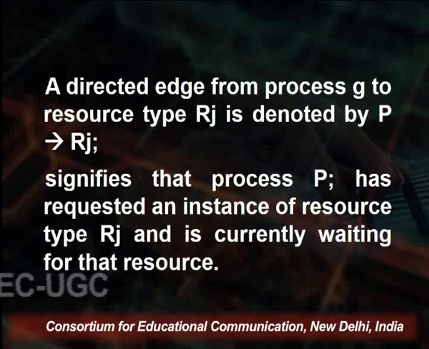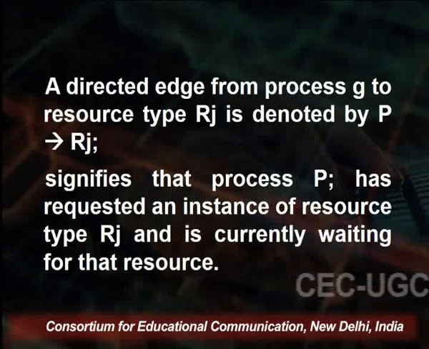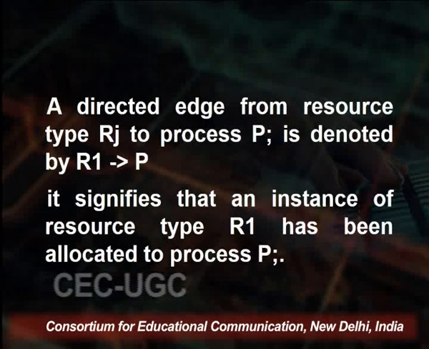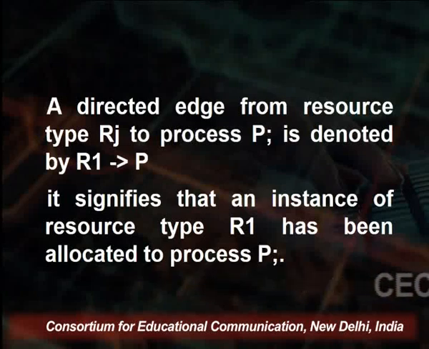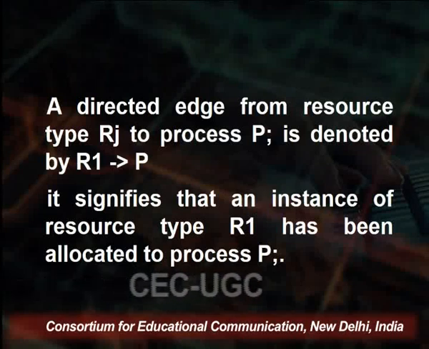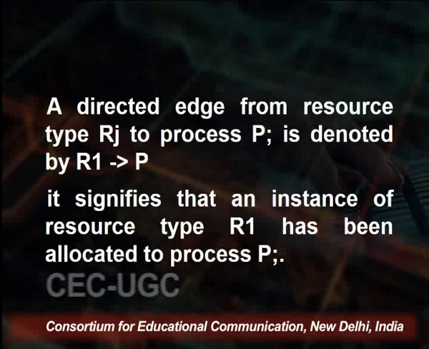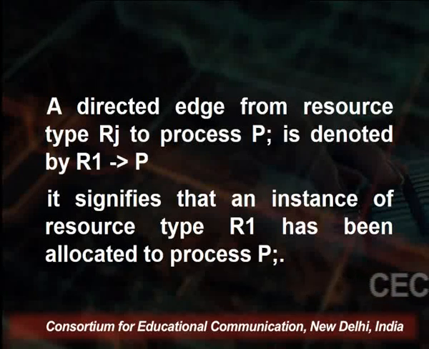Now the edge could be the other way around. That means it will start from the resource and end at the process P. A directed edge from the resource to a process is denoted by the resource, then an arrow symbol, and then P. It signifies that an instance of the resource type has been allocated to process P. So if the edge is from process to resource, the process is requesting that resource and has not been assigned yet.